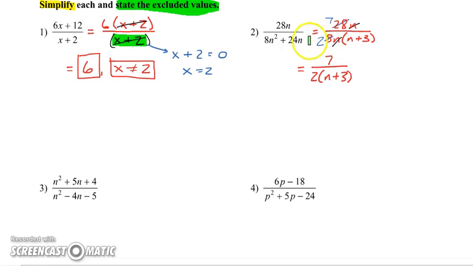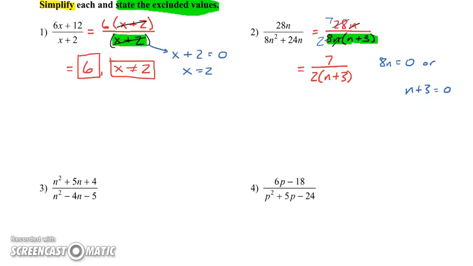Now when it comes to trying to decide what my excluded values are, I need to look at my original factored denominator. I can't look here because I might be excluding some things. So what I'm going to do is set each of those factors equal to 0 here. So either 8n equals 0, or, and I'm out of room, n plus 3 equals 0.